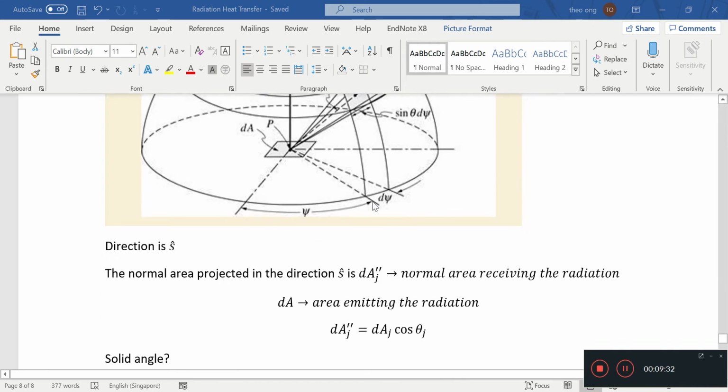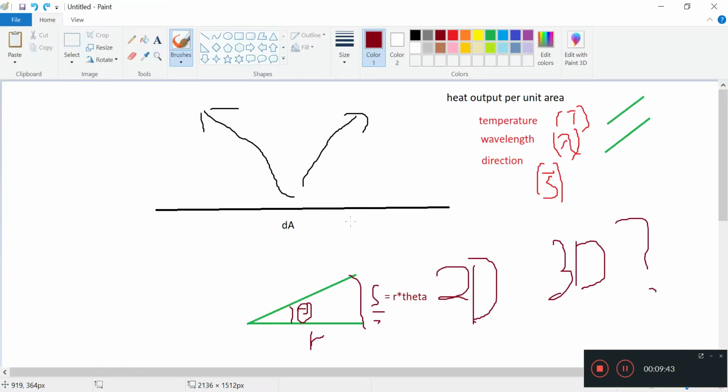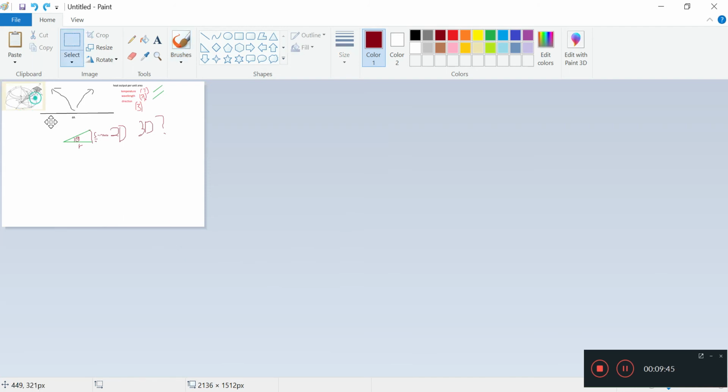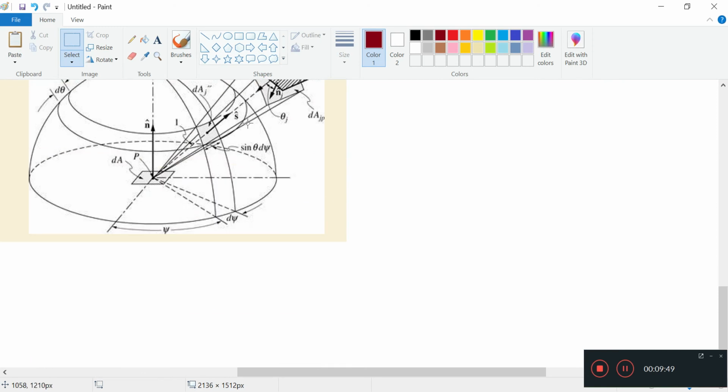I think I forgot something. Actually, this is not r d psi. This is the length from here to here. Let me write this down here. Okay, this is much better. Let's do the bottom one.